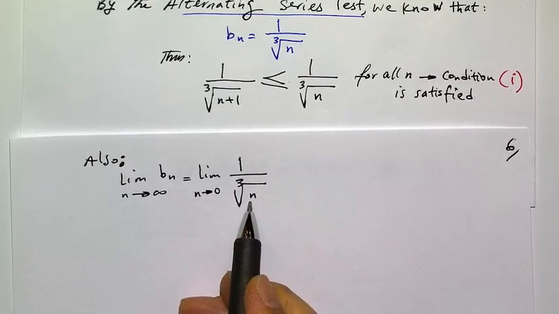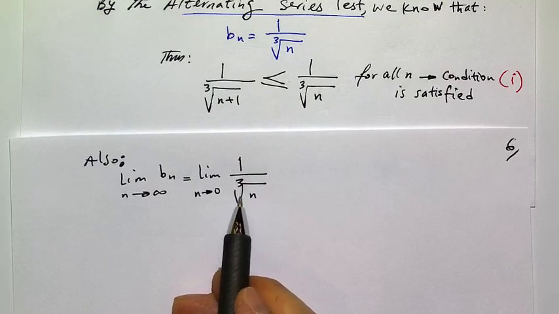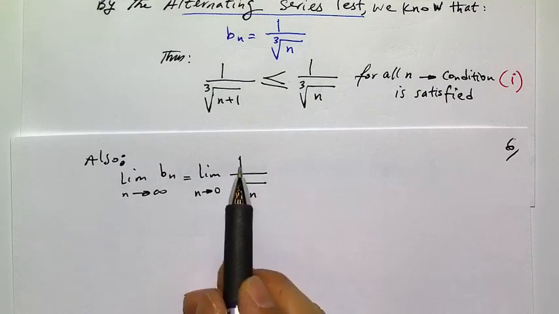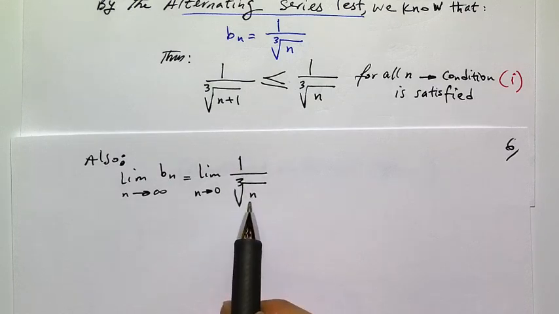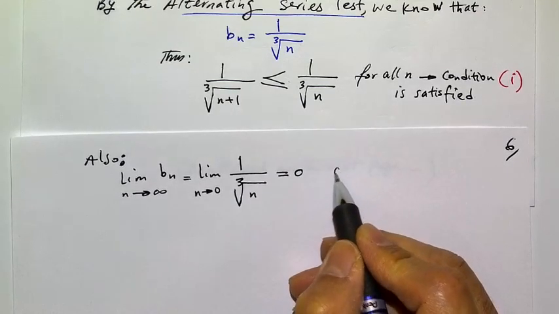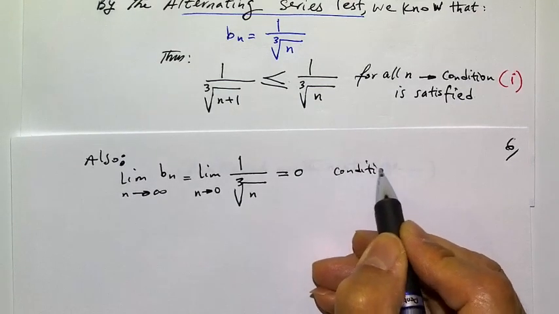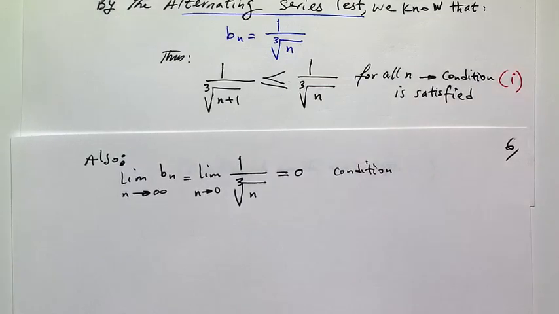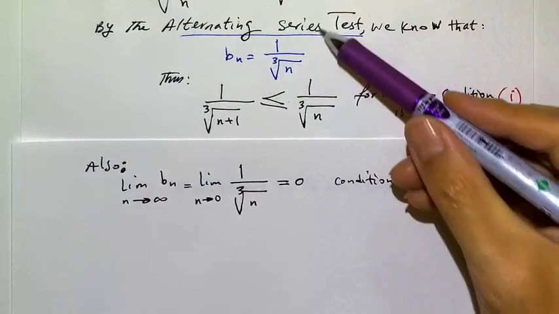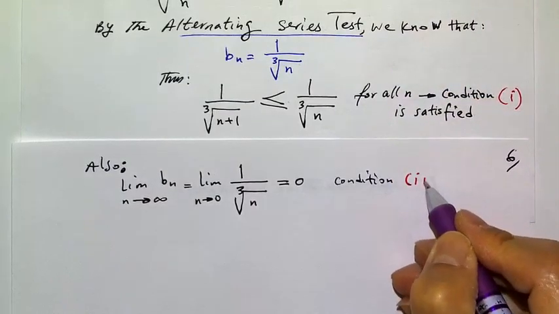Of course, if n becomes infinitely large, then the third root of that will also be infinitely large, and any constant divided by an infinitely large number is equal to 0. Thus, condition 2 of the alternating series test is satisfied.